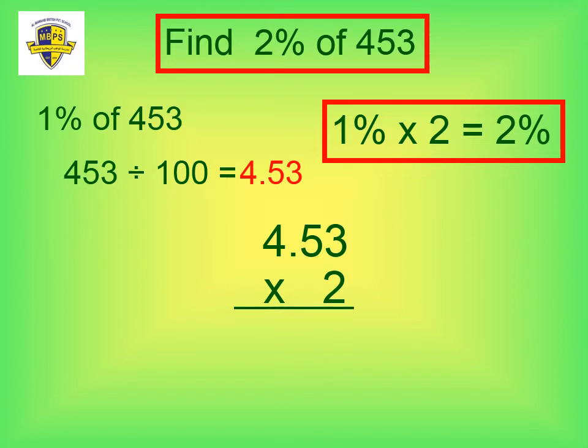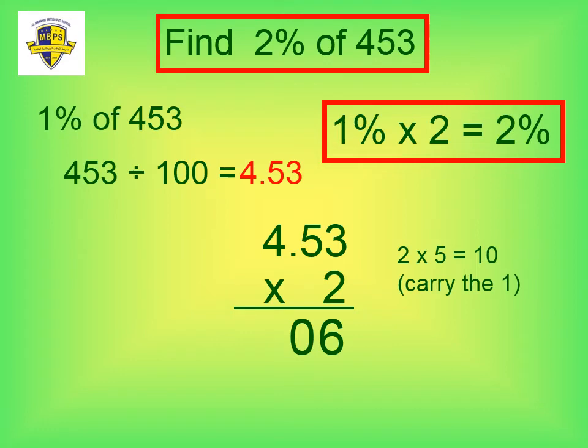Okay, we start by first multiplying the smallest place. Here the smallest place is hundredths, so 2 by 3 equals 6. 2 by 5 equals 10. So we put 0 and 1 up.